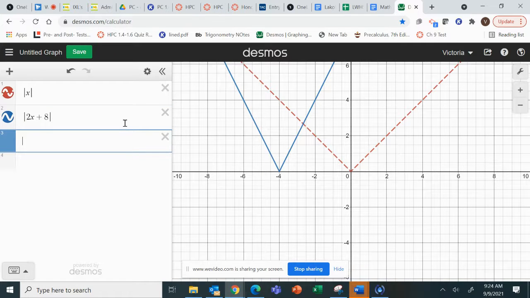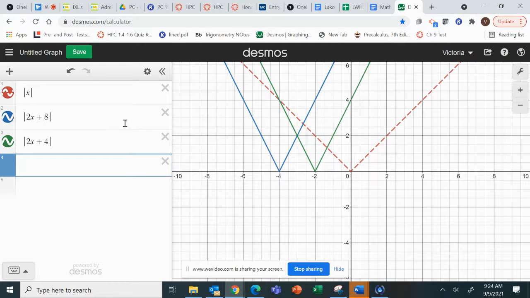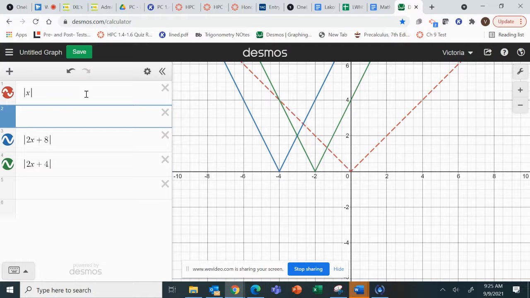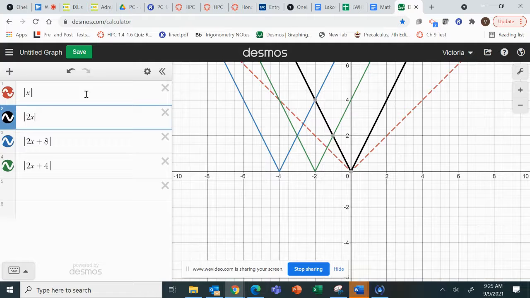The other one was absolute value 2x plus 4. I think I actually need to put in just 2x first. Now there's way too much going on, so it looks confusing, right?